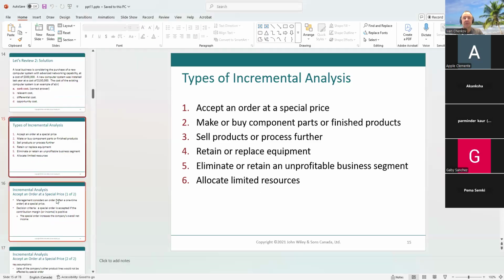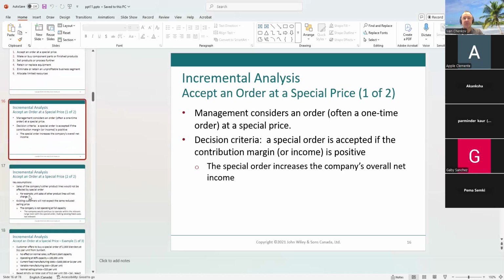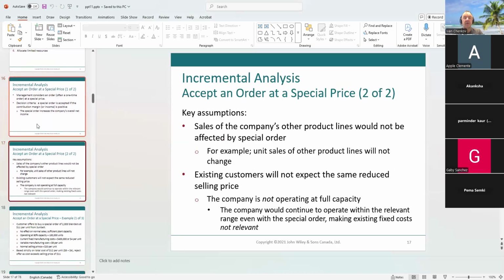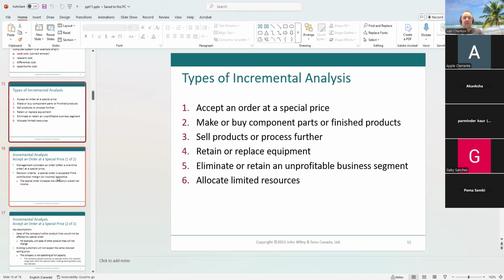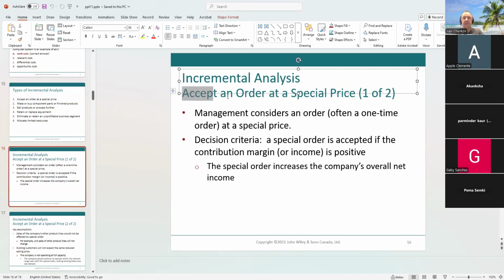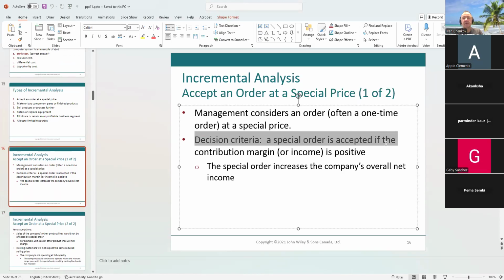In class, we already went through the special order. So now what I want you to do, for every incremental analysis, is get yourself an Excel spreadsheet and see: accept the special order at the special price, and have in mind the decision criteria.